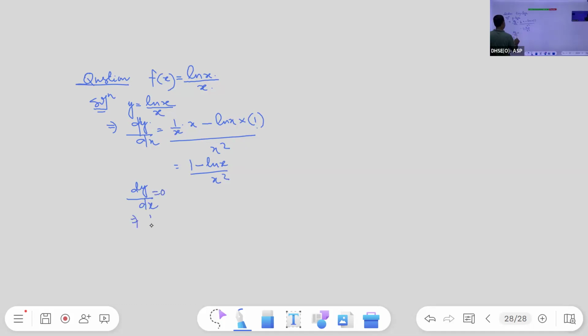This implies 1 minus ln x upon x square is equal to 0, implies ln x is equal to 1, right? So ln x is equal to 1 implies x is equal to e, the critical point.